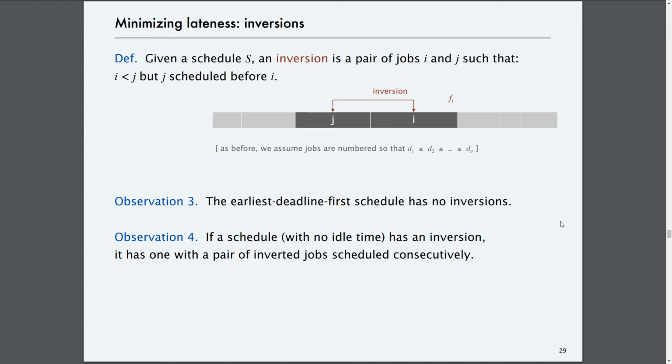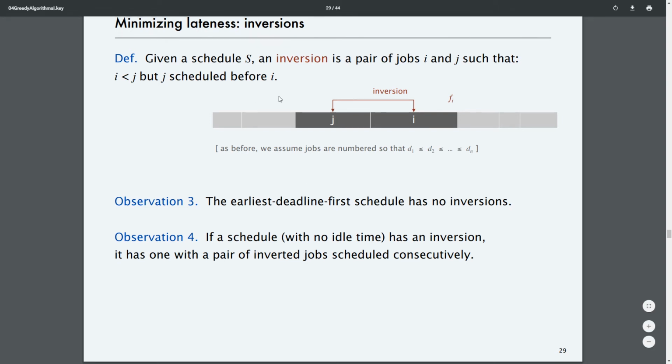So this would be d_i less than d_j. But for some reason, the schedule scheduled j before i. So this i here has an earlier deadline than the j here that was scheduled before it. Okay.